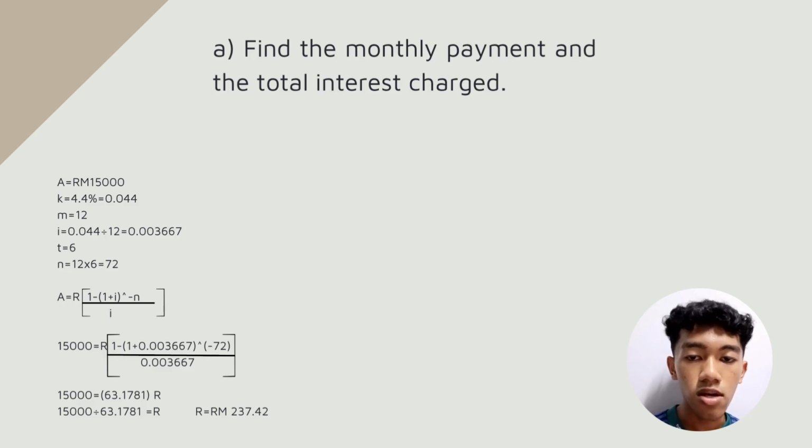We calculate and get 15,000 = 63.1781 R. So we calculate 15,000 divided by 63.1781 equals R. R is 237 ringgit 42 cents.